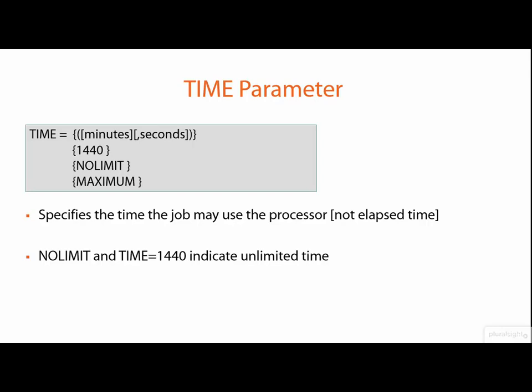Because again, the installation can have default values that force a job to terminate in the event that it waits too long or that it consumes too much CPU. So both of those will be turned off by specifying an unlimited value like that.